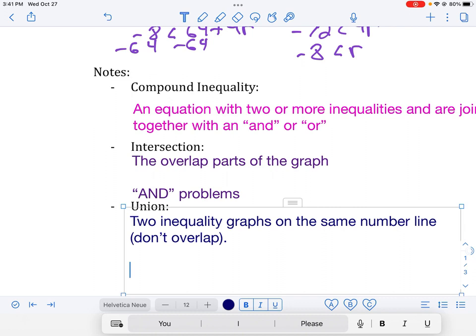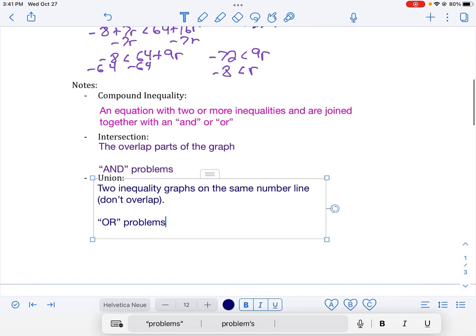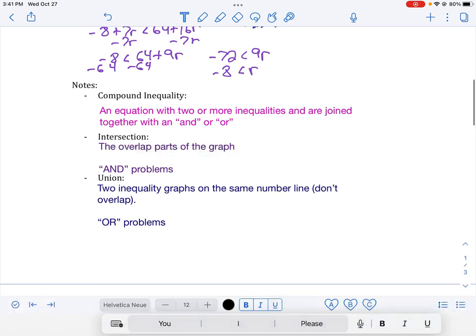So that means that these are our "or" problems. Okay, so that's our vocab for today. So compound inequality is what we're doing today and tomorrow. And then intersection is where they overlap, and union is where they don't. So it's going to be literally two completely separate inequalities on one graph. So we're going to get started now.